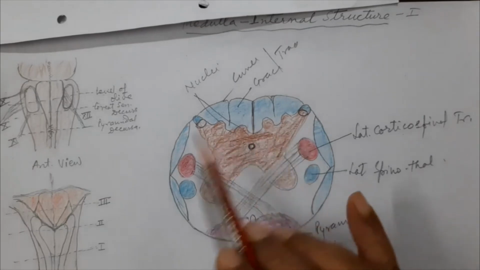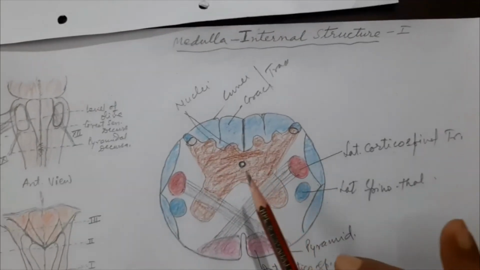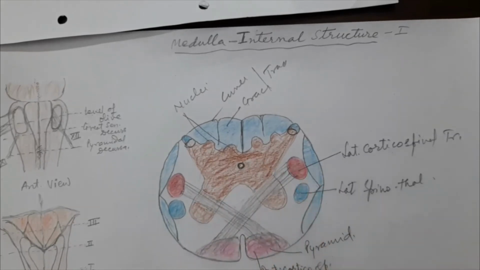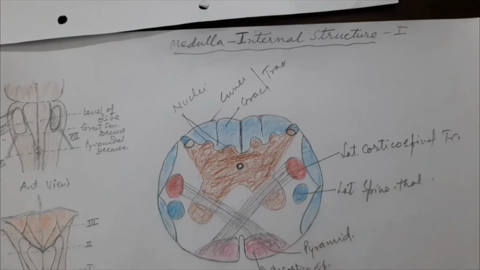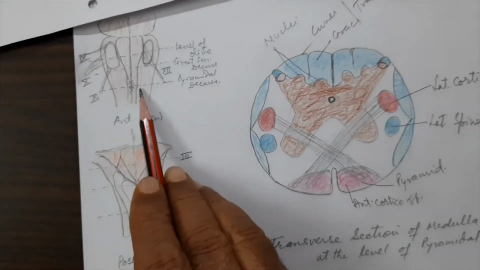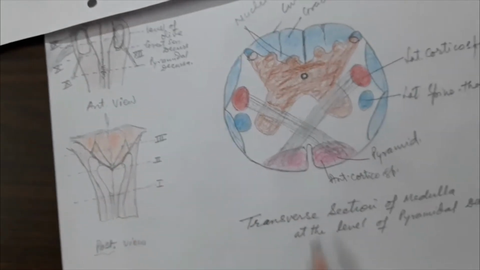I hope that I have covered almost all major tracts and the gray matter of this transitional zone, that is the zone between the spinal cord and the medulla oblongata, where the spinal cord has started changing to become the medulla. So this is the internal structure of the medulla at its lowest part, where the pyramidal decussation is taking place.